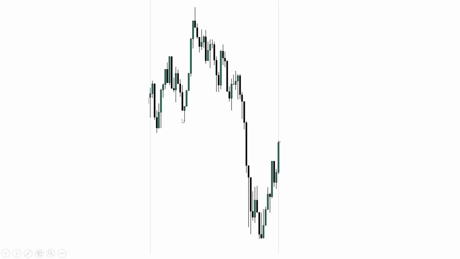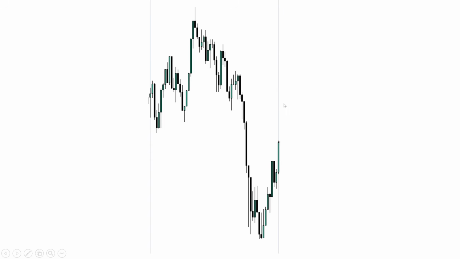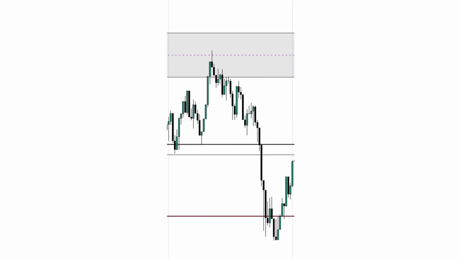Price creating a low here wasn't random. This impulsive movement to the upside was not just a random move. So we have these levels here on the 1 hour time frame, and what I'm going to do now is to transpose those levels to the 1 minute time frame.